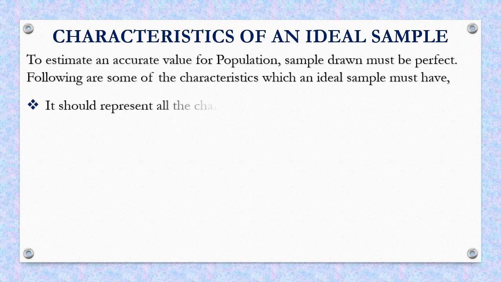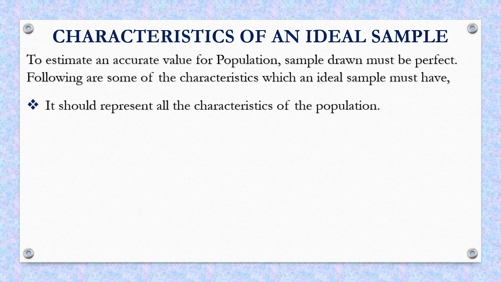It should represent all the characteristics of the population. That means my population has students with healthy bodies, malnourished bodies, tall, short, younger people, older people. If I have a population with all these characteristics, my sample should also have all these characteristics.